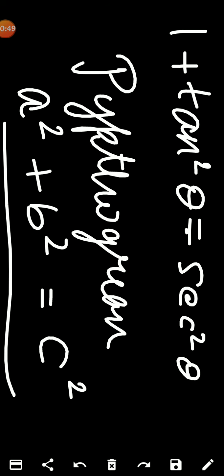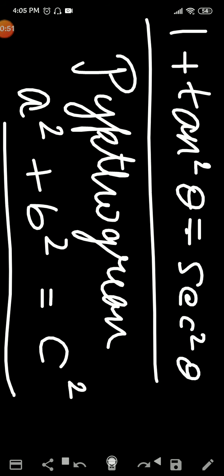So what do I mean by Pythagorean identity? I mean that this identity will be in the form of a square plus b square is equal to c square. So how can we relate this to our identity?